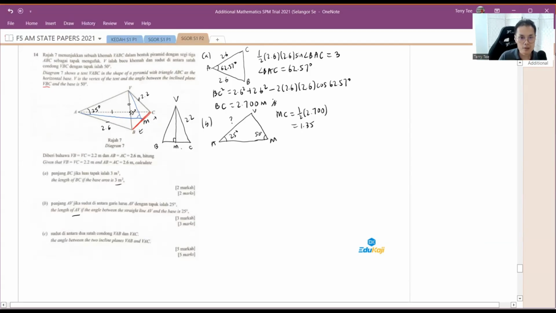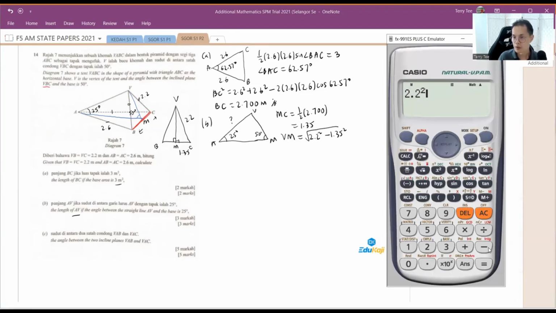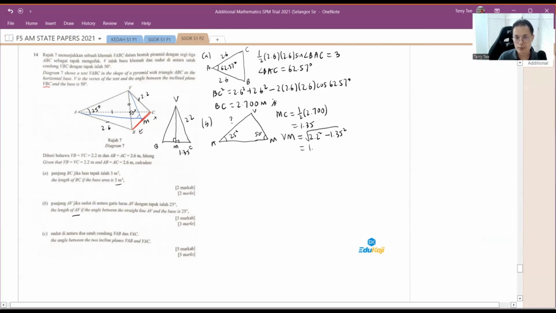If this is 1.35, this is 90 degrees, we can find VM by using Pythagoras: the square root of 2.2 squared minus 1.35 squared, right? Let's count. I got 1.737.